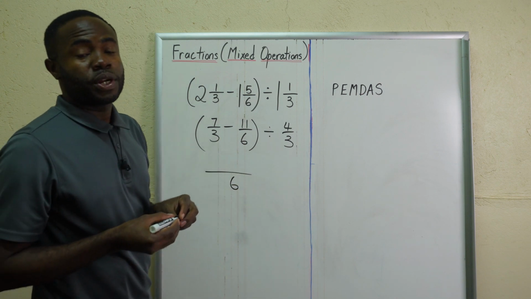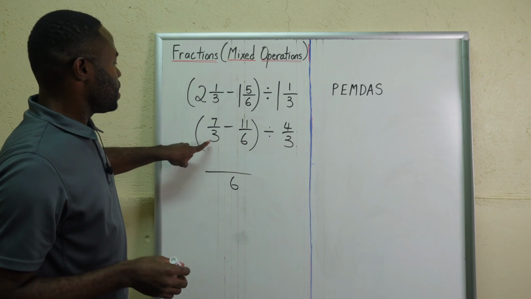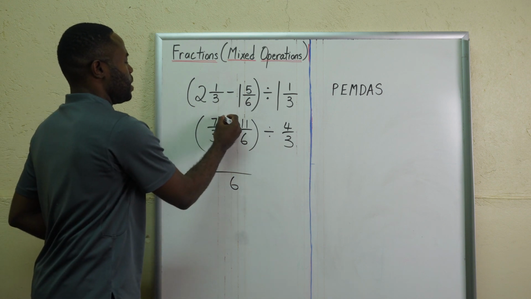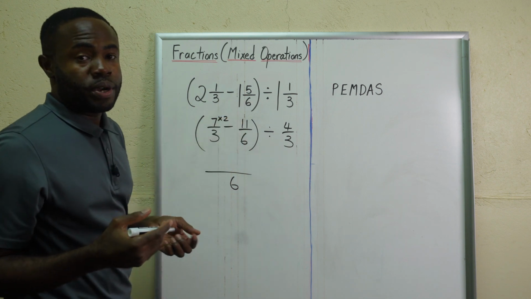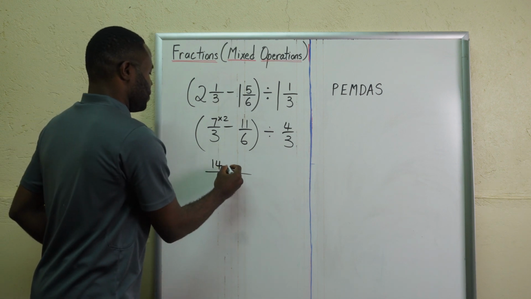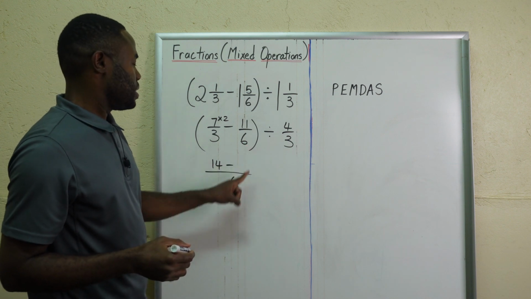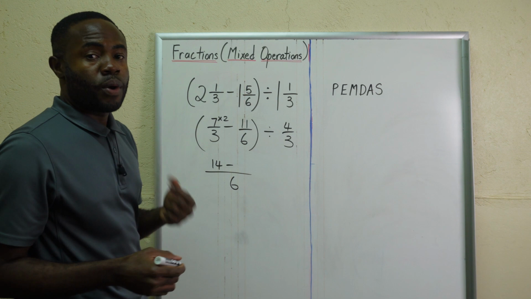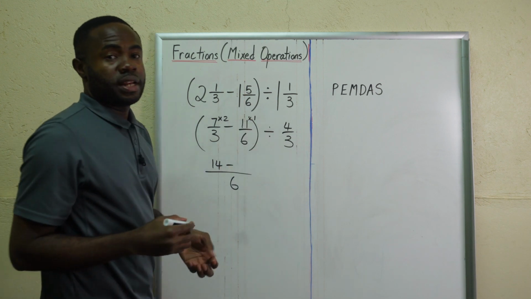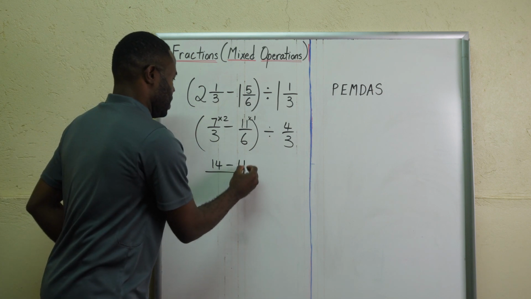After you have found your LCM of the denominators, then you're going to divide, right? You're going to say 3 into 6, that goes what? 2 times. You're going to multiply the 2 by the numerator, that's 7 times 2, that gives us 14. So it's 14 minus. Then let's divide again. Then you say 6 into 6, that goes what? 1 time. So you multiply the 11 by 1. So 11 times 1, that gives us back 11.